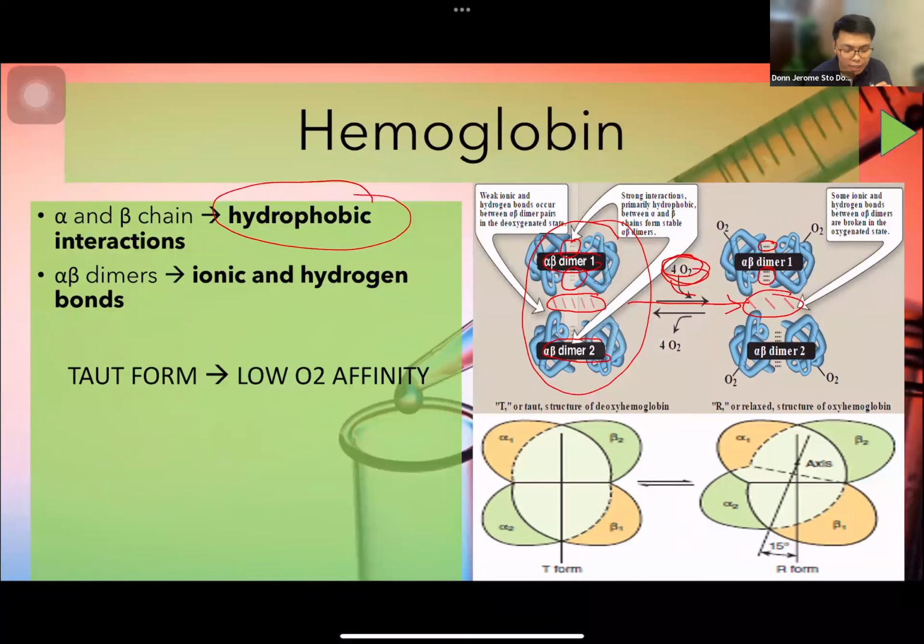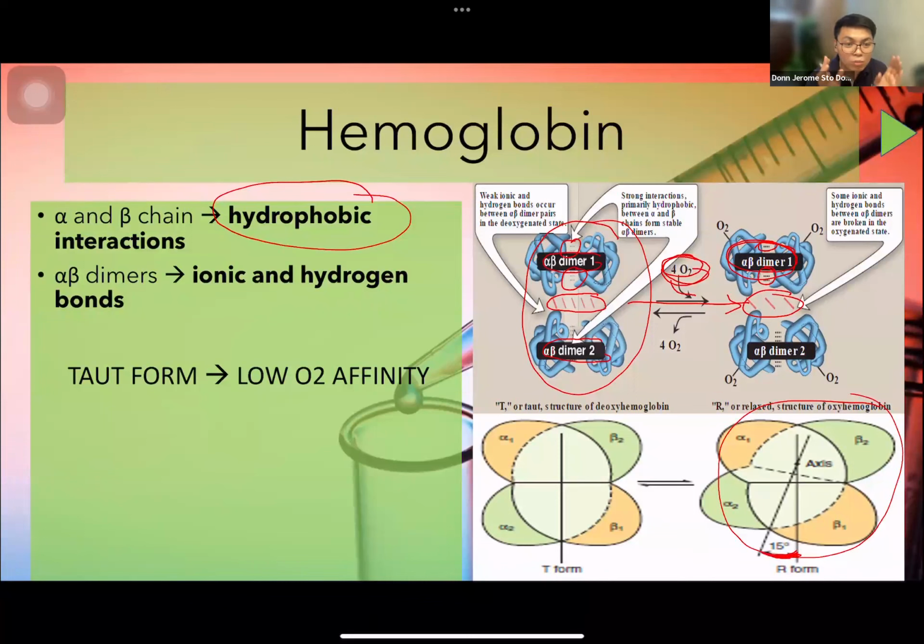so that your oxyhemoglobin is less restricted and is capable of movement. As you see here on the lower portion, it will rotate. The AB dimer 1 will rotate at a 15-degree angle relative to your AB dimer 2.